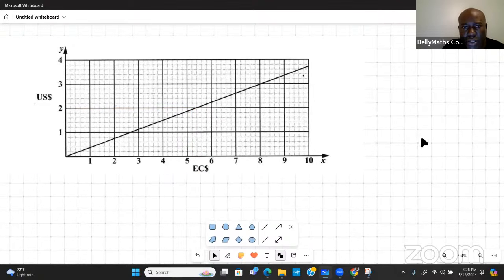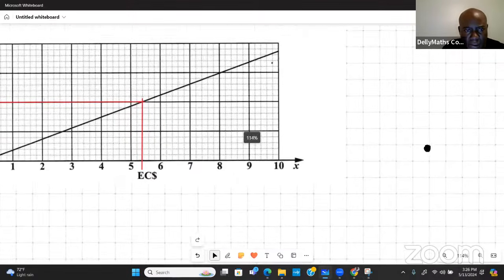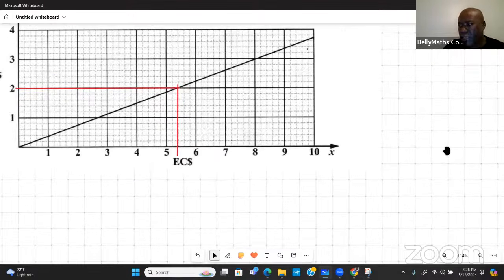So all I'm going to do is interpret what's going on right here. We're moving by 0.2: 5.2, 5.4, 5.6, 5.8. So this marker is actually $5.40. All right, so we're picking that up from the graph.